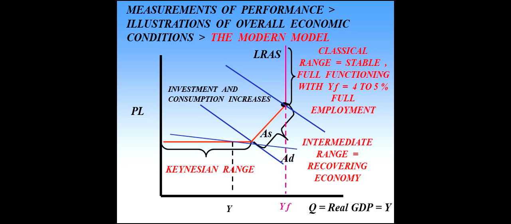And when the economy reaches this, kind of like a way to describe it is hitting on all cylinders, we call this the classical range. It's the illustration of a stable, fully functioning economy with full employment, or unemployment being at the 4 to 5% range. And this is our modern model that was built off of what John Maynard Keynes started and how we illustrate the overall conditions in our economy today.